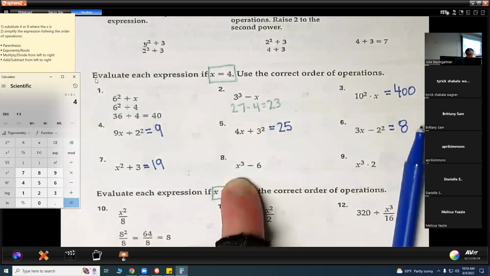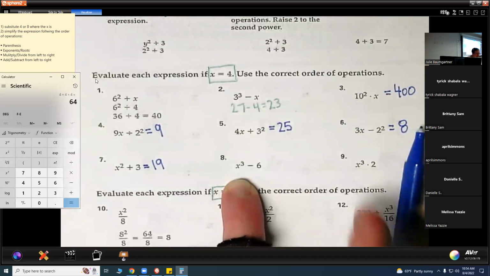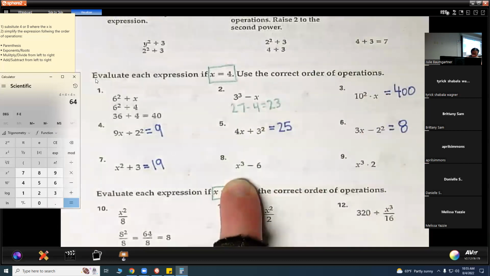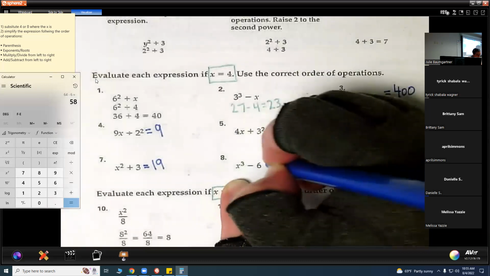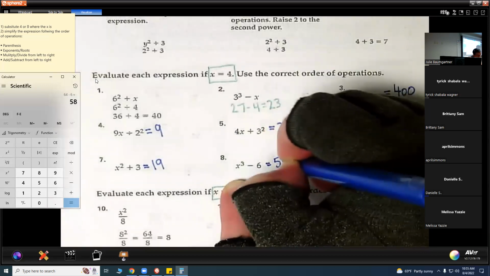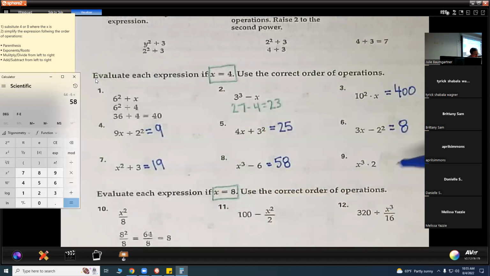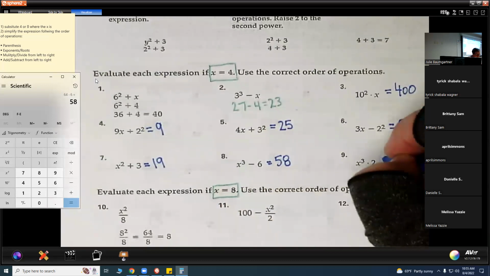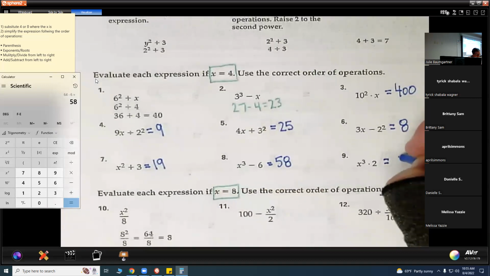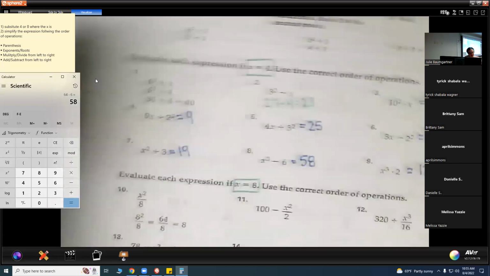Does that sound right? Yeah, okay, so 64 minus 6. So number 8 is 58. And then 4 squared again, 16. 64 times 2 is 128. Awesome. All right.